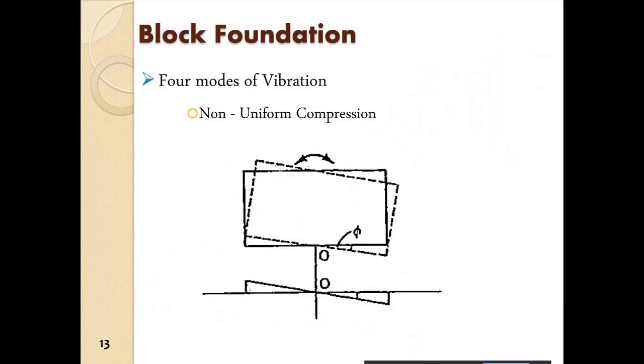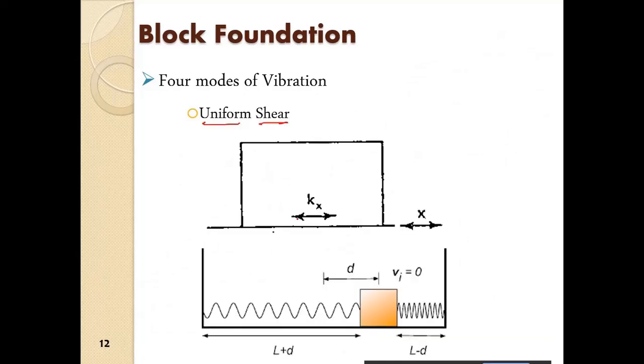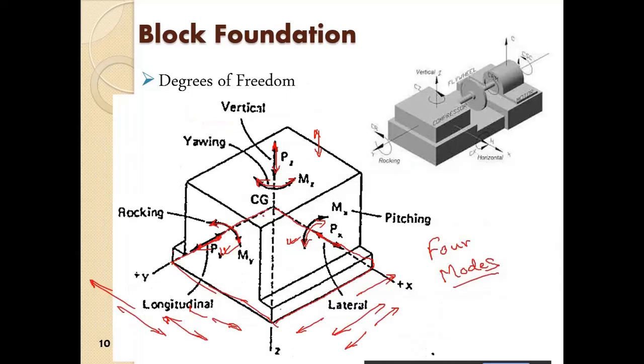Then we saw that when there is pitching and rolling, it rotates about a point. So the compression along one direction is more and in the other direction there may be tension. So there is non-uniform compression. When the foundation was moving along the z-axis, the compression was applied uniformly.